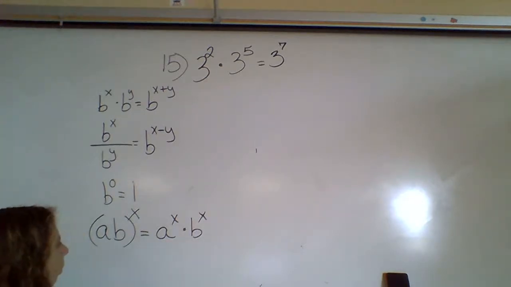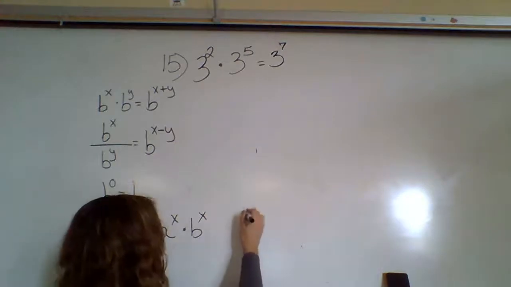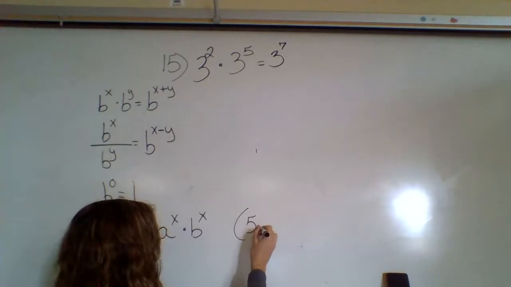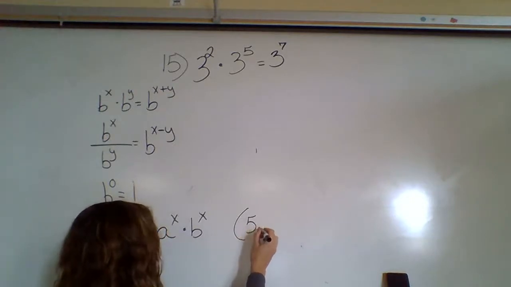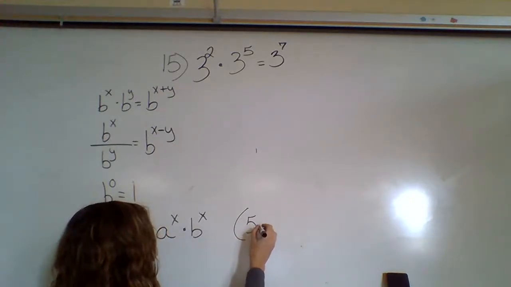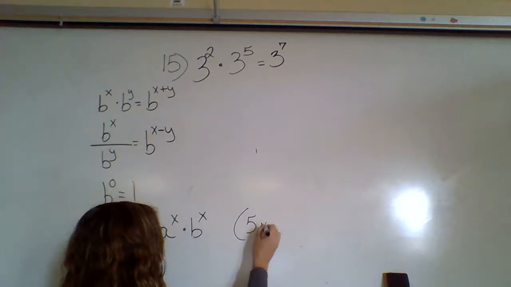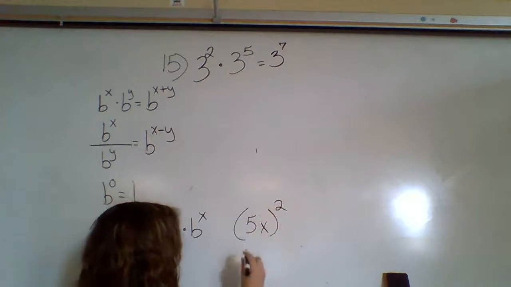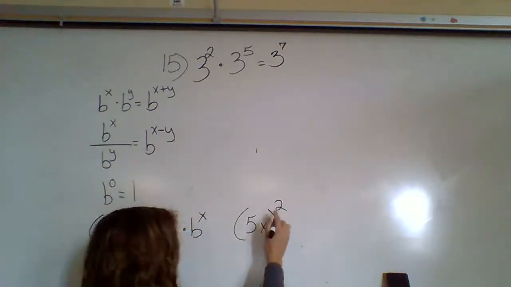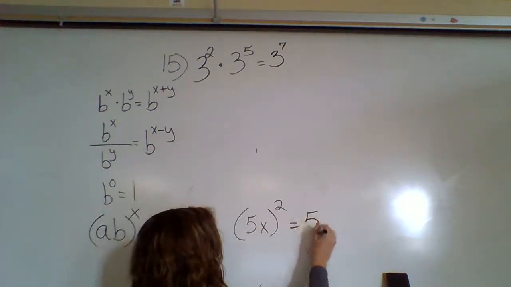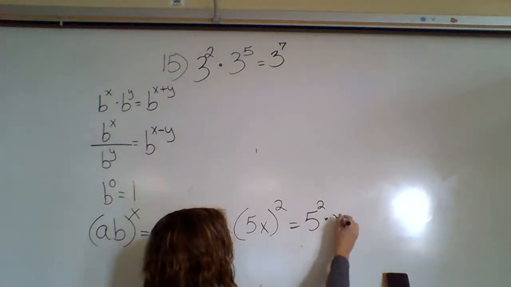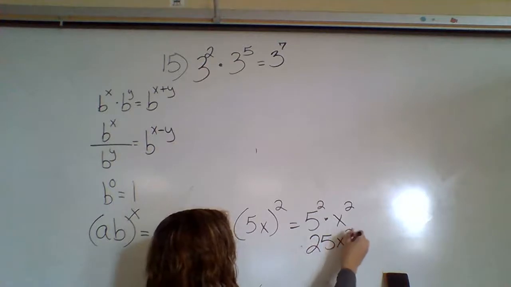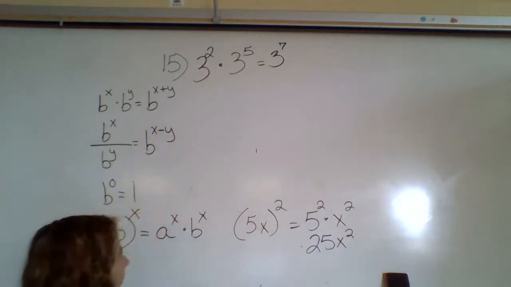So an example, we'll do 5x raised to the second power. Then it has to go to both of them. So that would be 5 squared times x squared, which would be 25x squared. Okay, so it goes to both of them.